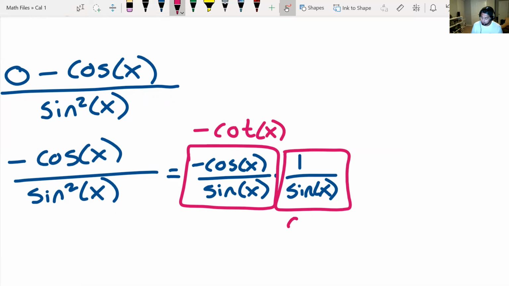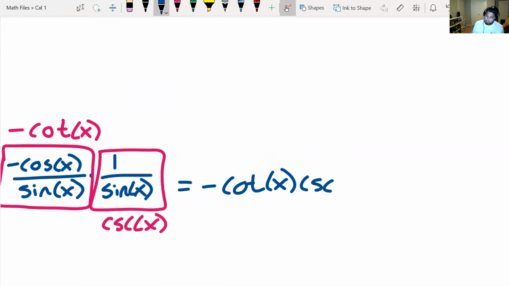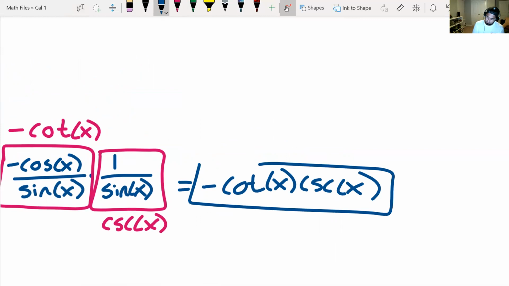That becomes cosecant x, which means we get our answer of negative cotangent x times cosecant x.